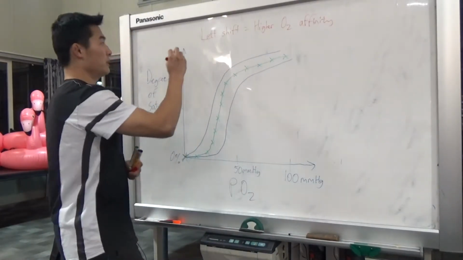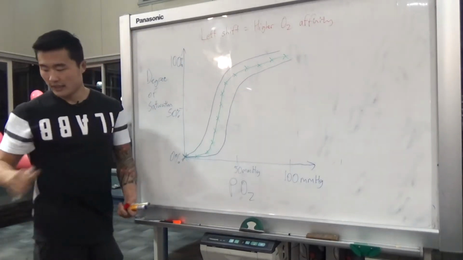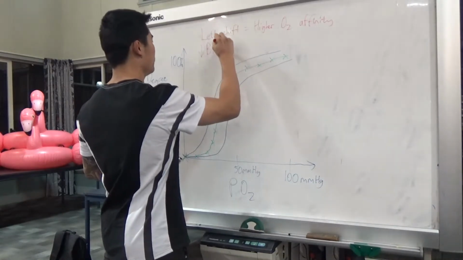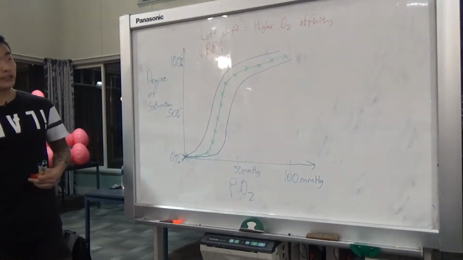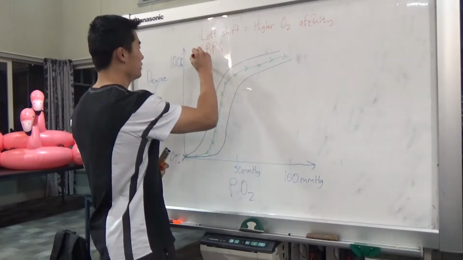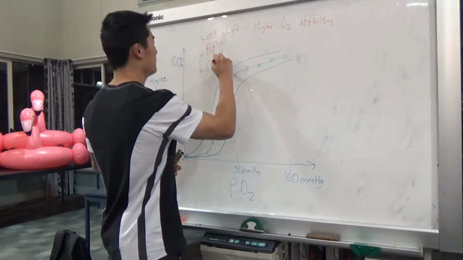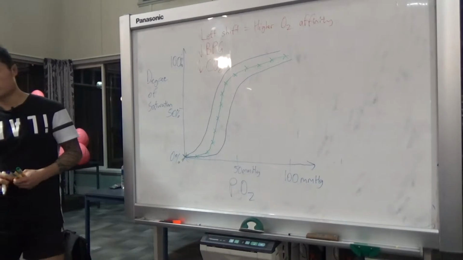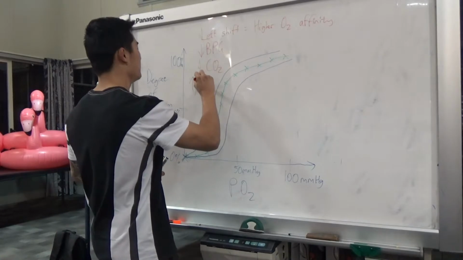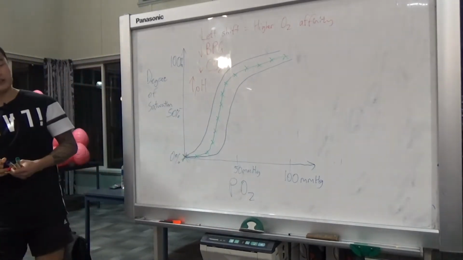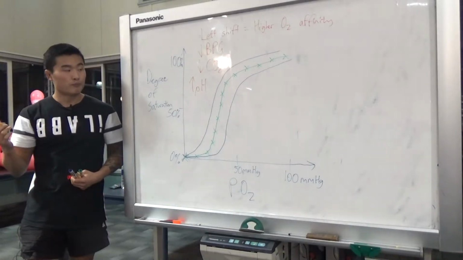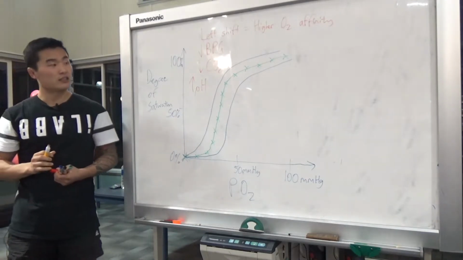Okay, so that's going to be caused by decreased levels of BPG, and also decreased levels of carbon dioxide will cause a left shift, and an increase in the pH. So if you have an increase in pH, that means you've got a lower concentration of protons.